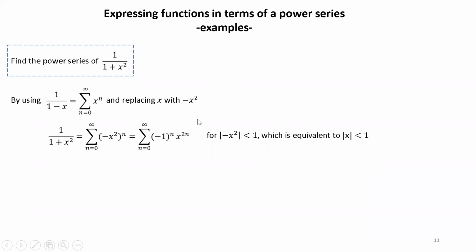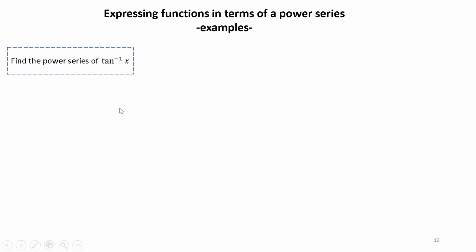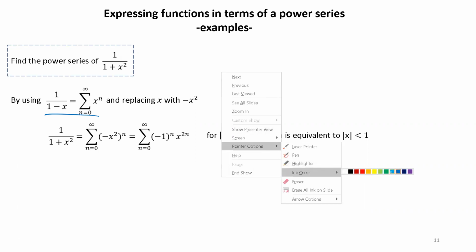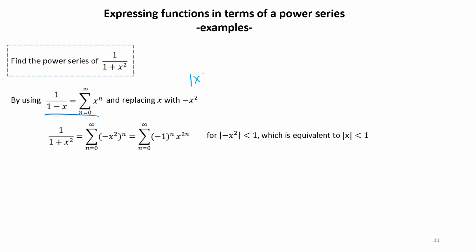However, whenever we do this substitution, we need to think carefully about whether the interval of convergence has changed or not. When I write this down, I know that it works only for absolute value of x smaller than 1.